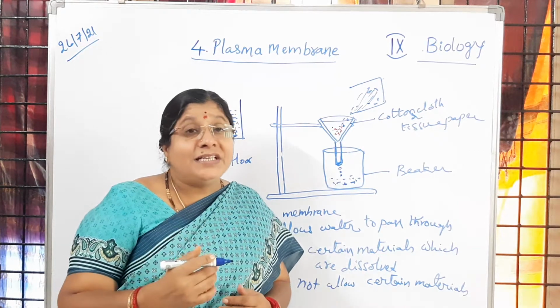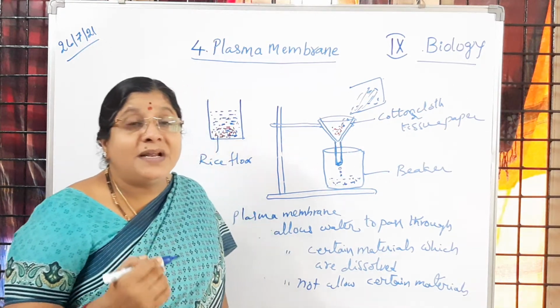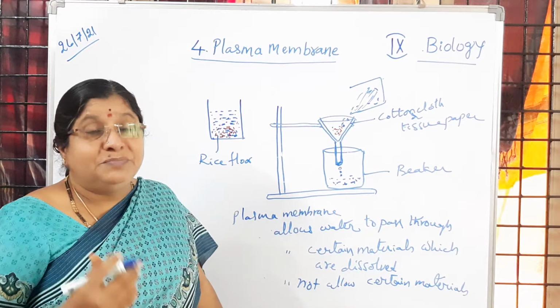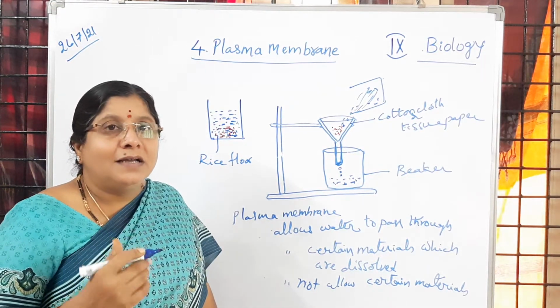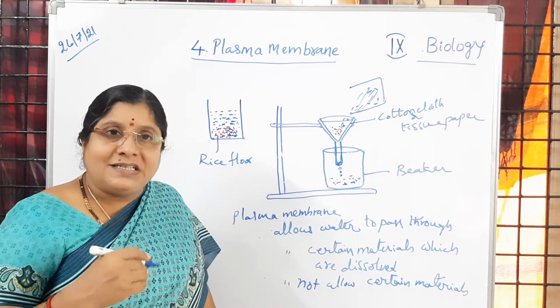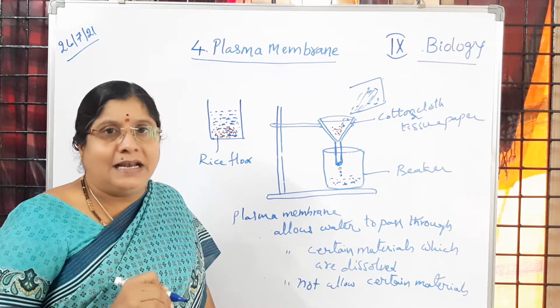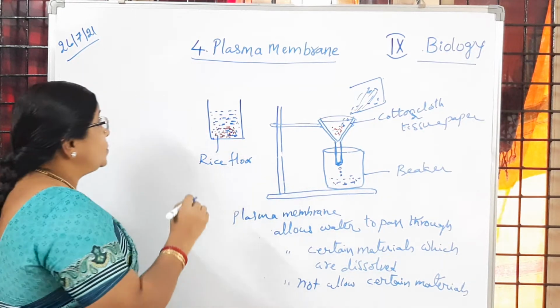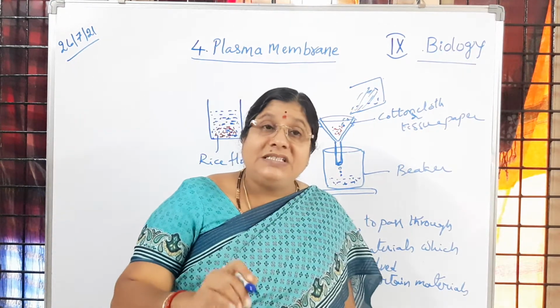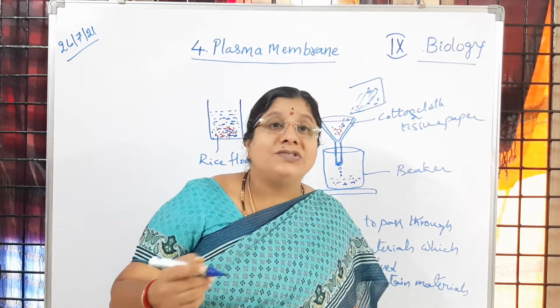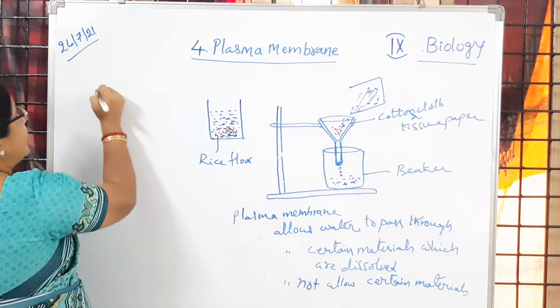So that type of nature where the plasma membrane is selecting materials, okay, selecting materials means what? All the needy substances are entering inside the cell. Is it clear? So that's why that nature of plasma membrane, which is allowing materials to pass through, is called permeability.